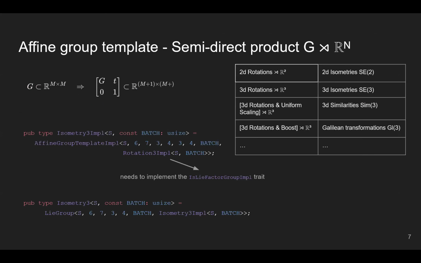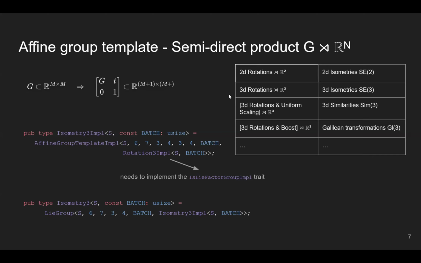I want to talk a little bit about another aspect which fits into the system. It's called the affine group template, or semi-direct product. You can take any Lie group M by M and plug it into this form, where you augment it by a Euclidean vector, with zeros on the bottom and a 1, and you get a new Lie group out.